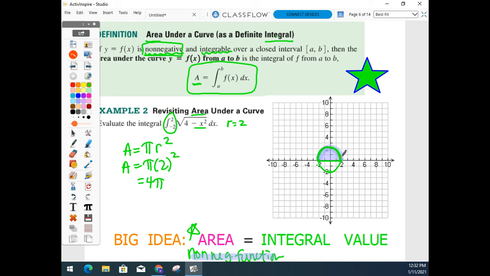I'm just looking at it from here to here, which ends up being half a circle. So I'm going to erase this part. This integral value, evaluate the integral, is just 1/2 of 4 pi, which is 2 pi. So if you can graph the function, and if you know the formula of the area of that function, you can use area to find the integral value.